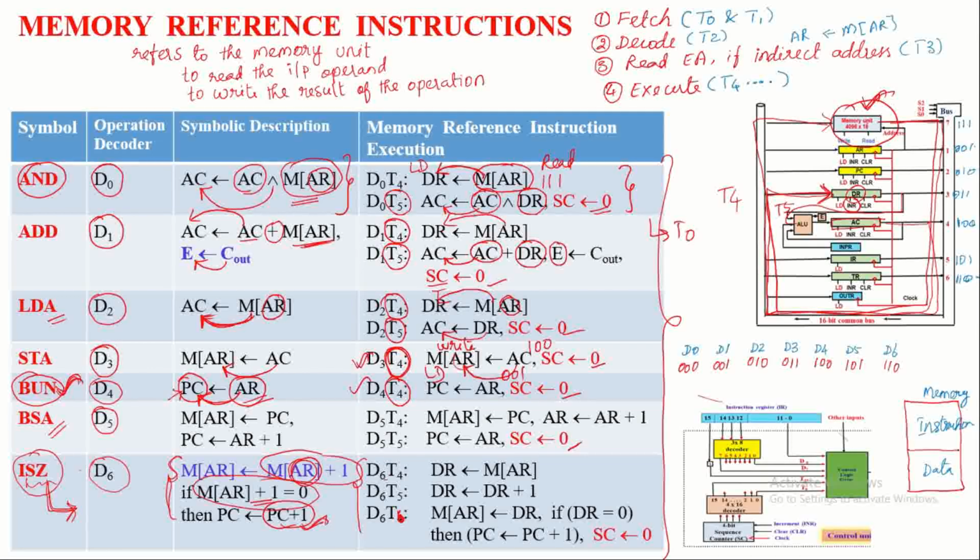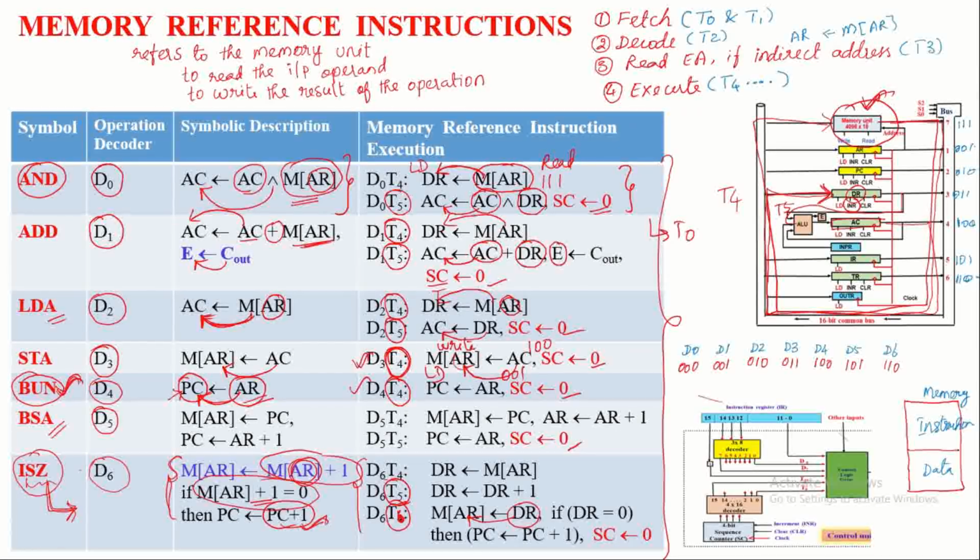So, in order to increment a memory word, first it has to be transferred to the data register during the timing signal T4, and in the next timing signal T5 it can be incremented, because the data register has an increment signal. By enabling the increment signal, the content is incremented in the data register during T5. During the timing signal T6, the incremented value available in the data register is returned to the memory unit.